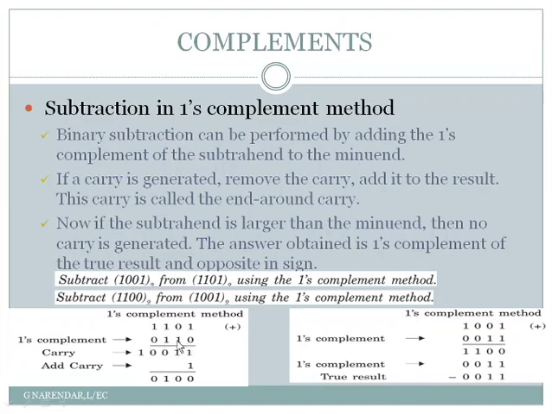Now, according to the rules of ones complement method subtraction, you add the ones complement of the subtrahend to the minuend. So here you apply the rules of addition. 1 plus 0 is 1, 0 plus 1 is 1, and 1 plus 1 is 0 and the carry is 1, and here 1 plus 1 is 0, the carry is 1.